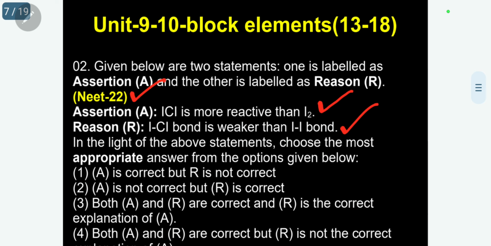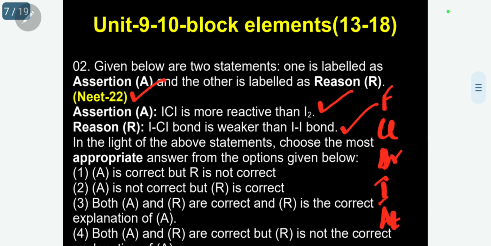From the assertion and reason, we can identify that the family belongs to the halogen family, that is 17th group. Under the halogen family, you know already: fluorine, chlorine, bromine, iodine, and astatine. These are the family members. Here, ICl, what is that ICl?